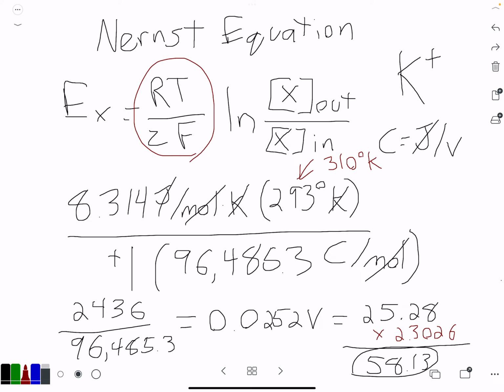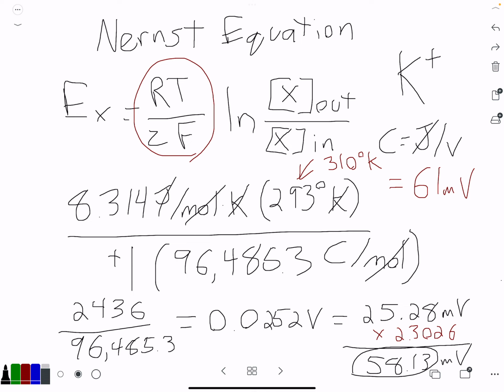If you were to redo this equation with 310 instead of 293, you would find that it would equal, after you do all of this, 61 millivolts. And that's what the units are down here, millivolts. Remember, because we converted from volts to millivolts right here by multiplying by 1,000.